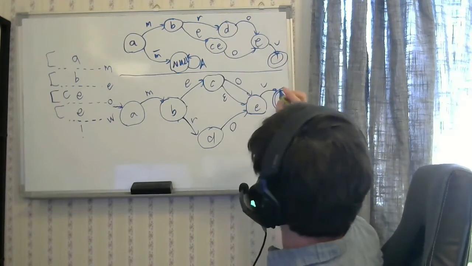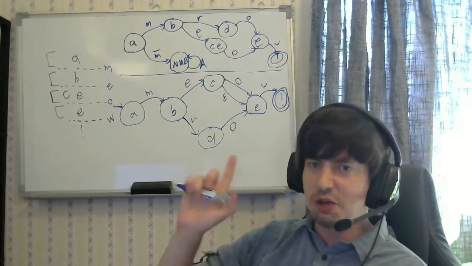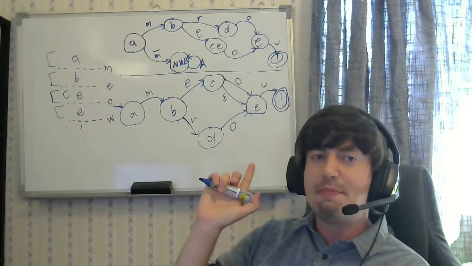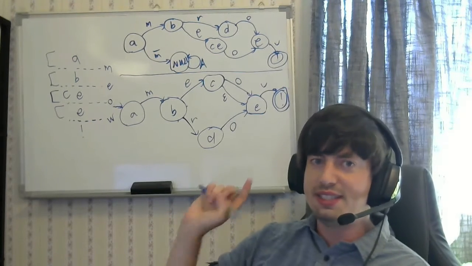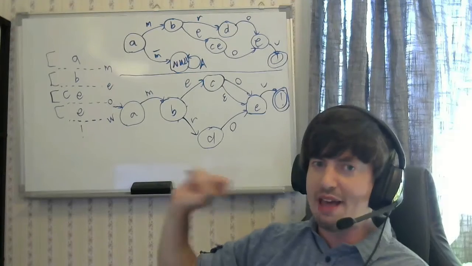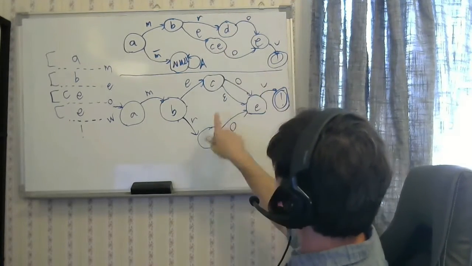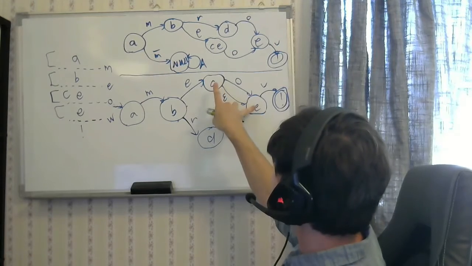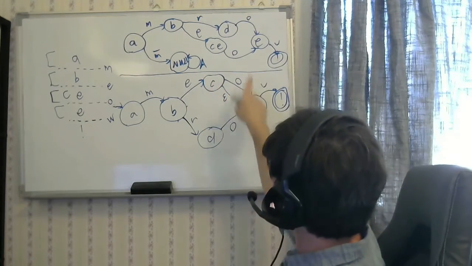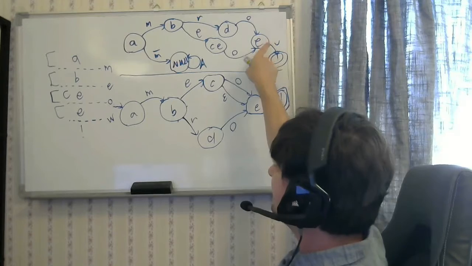And then we need to complete our deterministic finite automaton by making sure that every state has arrows for every possible input, which means that for these other states, well, if I'm in state CE, if I see an O, I get into state E exactly.